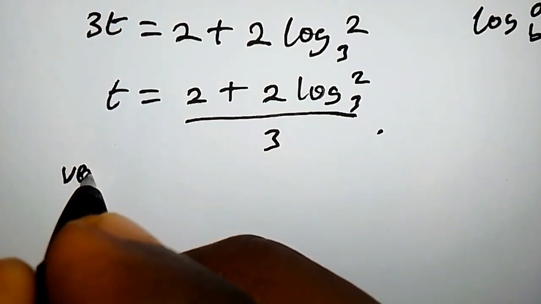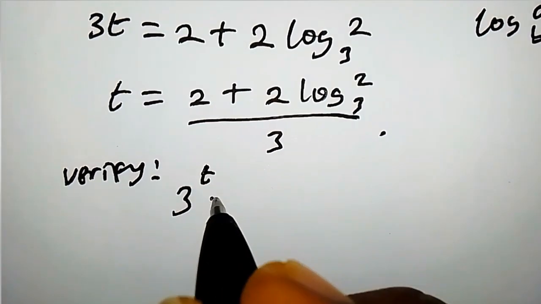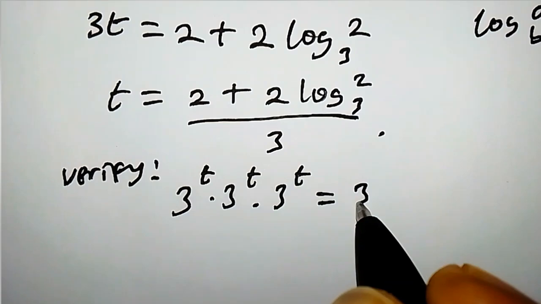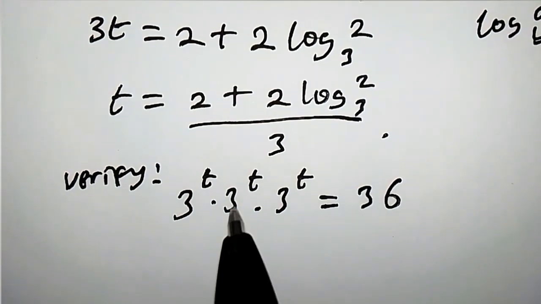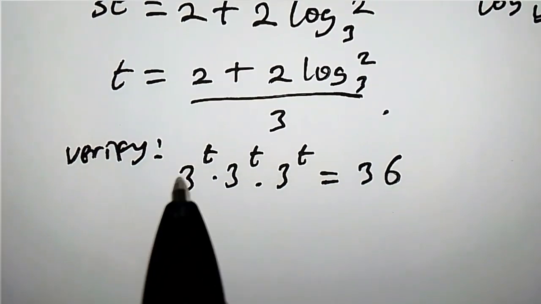So, verify. The question says 3 raised to t times 3 raised to t times 3 raised to t is equal to 36. And the value of t that we have is 2 plus 2 log 2 base 3 divided by 3. Let's plug it into this power.